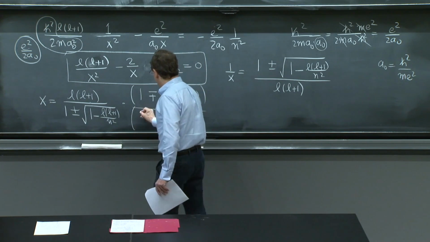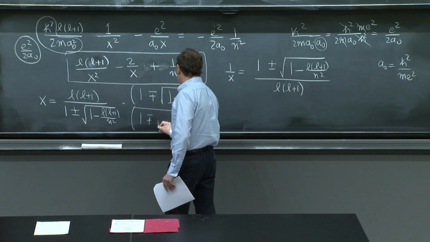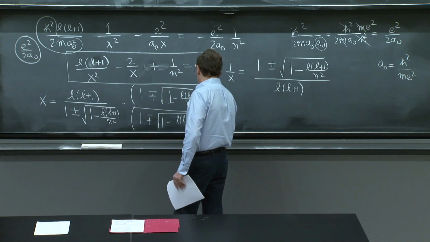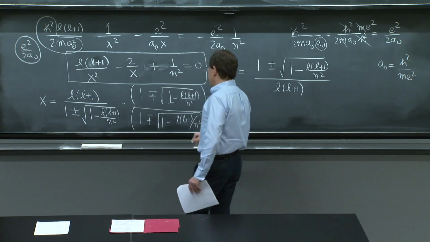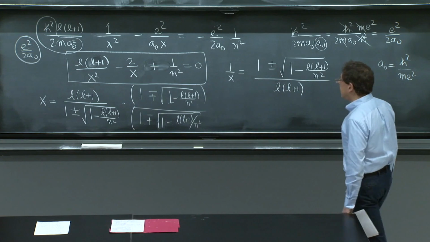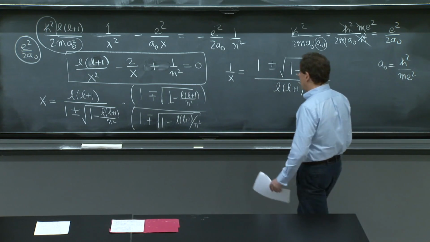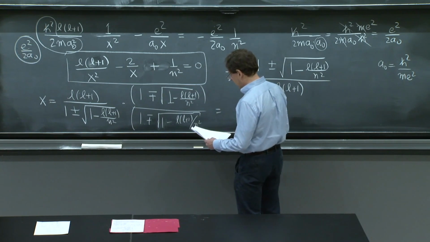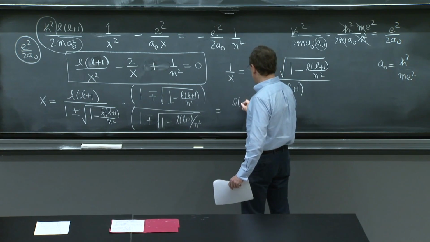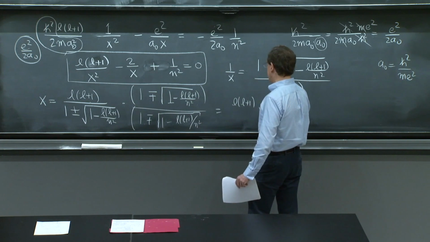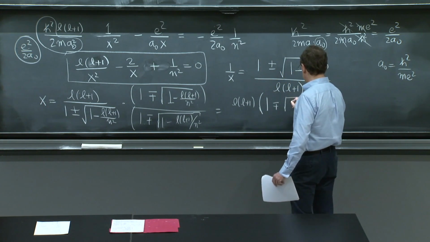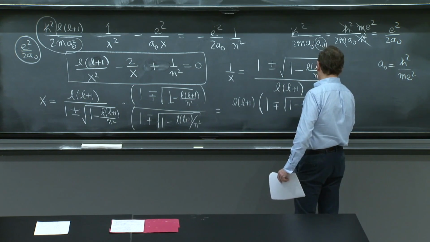And the same factor here, 1 minus plus the square root of 1 minus L times L plus 1 over n squared. All these things. But that's not so bad. You get L times L plus 1 times this factor that you had in the numerator. That still is the same, 1 minus L times L plus 1 over n squared.